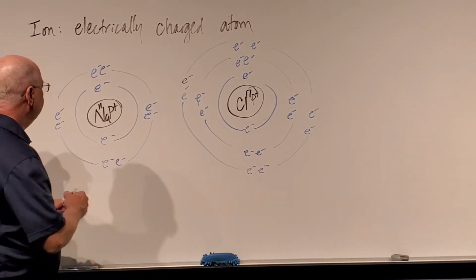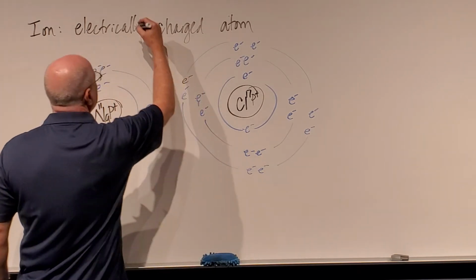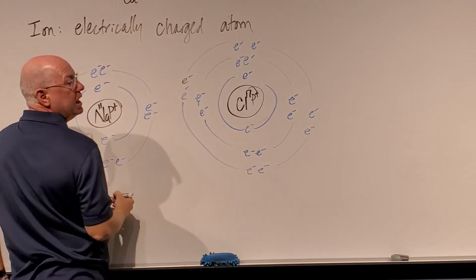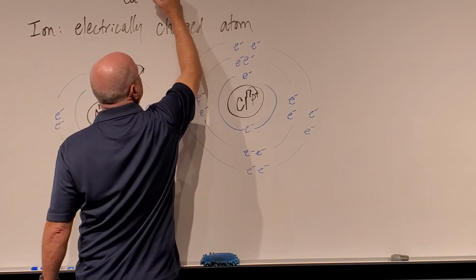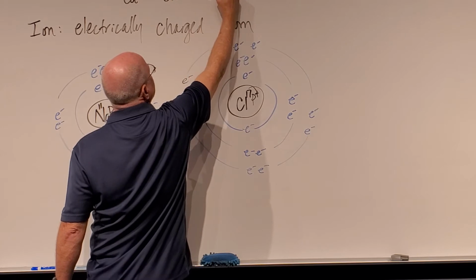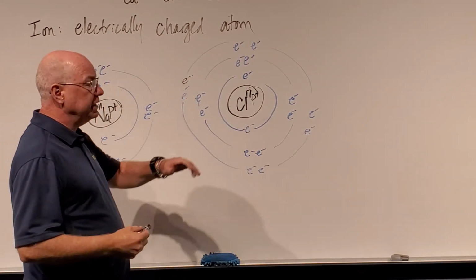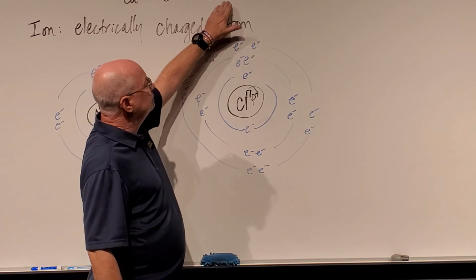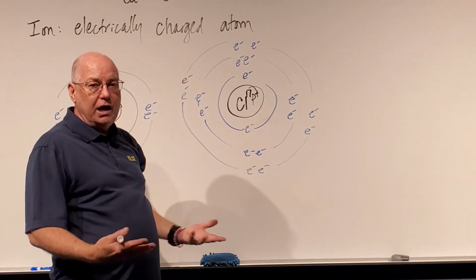For example, you'll see calcium sometimes written this way. When I write the calcium atom, it's Ca. If I write the calcium ion, it can either be written as Ca2 plus or Ca plus plus. And what that indicates to a chemist or anyone who understands it is it's lost 2 electrons, it has 2 extra protons. So it's ionized.